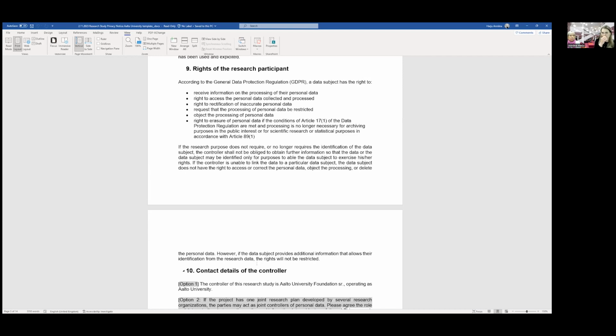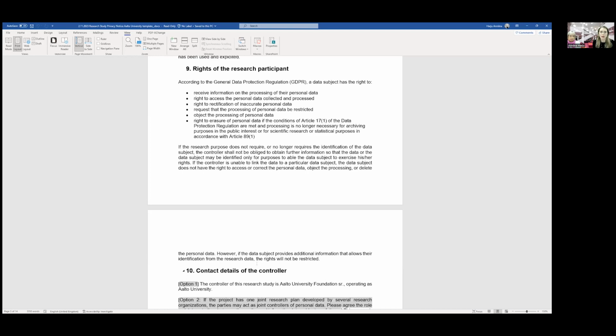So the first is obviously receiving information on the processing of their personal data, which is now we're trying to fulfill that obligation with this privacy notice. So this is the information that the participant receives from the processing. The second is that they will have the right to access the personal data. So if a participant contacts you and asks that they would like to have the data about themselves, you would need to disclose it to them.